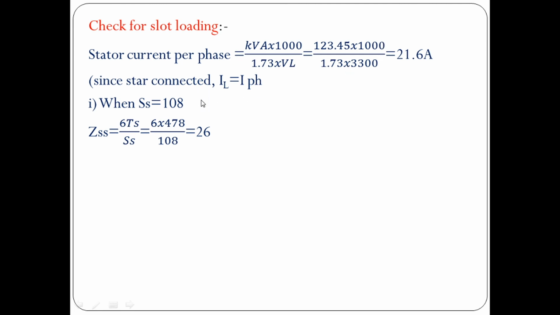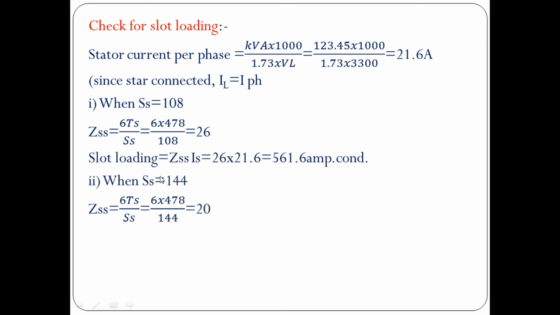Here the stator is star connected, so the line current IL is equal to the phase current I phase. When SS is 108, ZSS can be calculated as 6TS by SS, so 6 into 478, the number of stator turns, divided by 108, the SS value. You will be getting the number of conductors per slot as 26. Now check the slot loading.